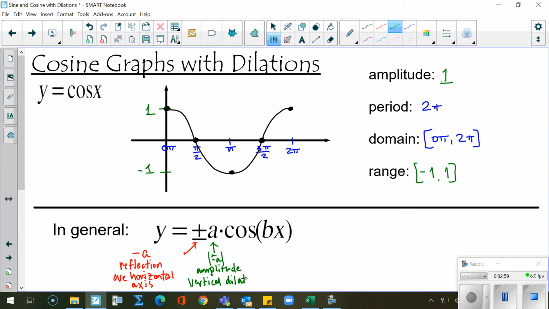Does the graph get taller or does it get shorter? That's a vertical dilation. And finally, if my argument has a coefficient, that coefficient creates a horizontal dilation.